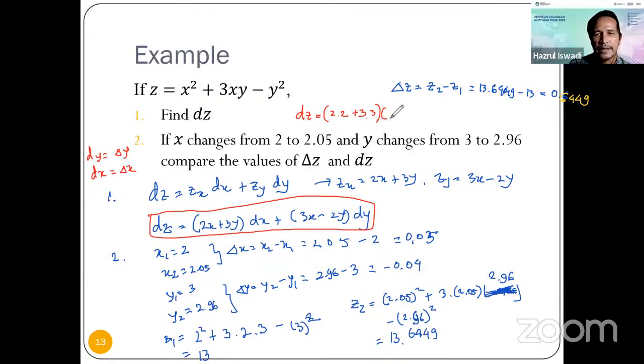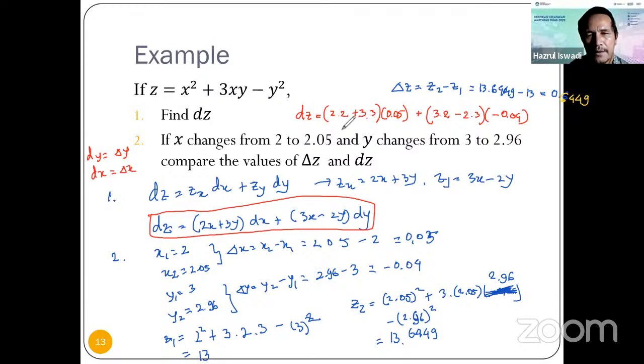So we can replace dx by 0.05, plus 3 times 2 minus 2 times 3, multiplied by delta y, which is minus 0.04.